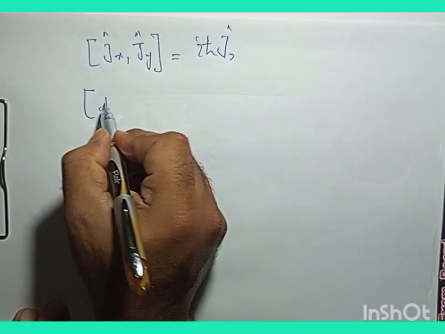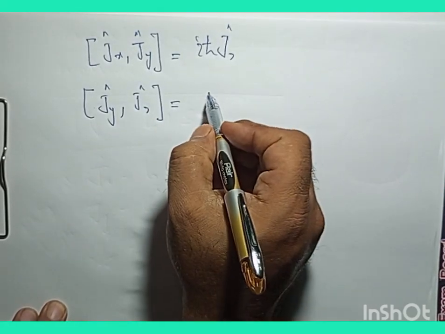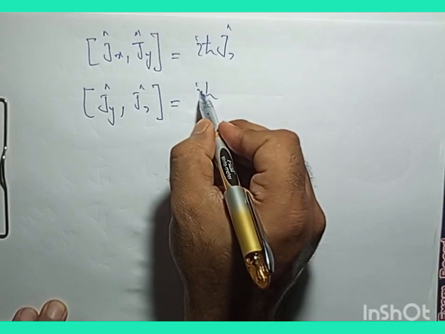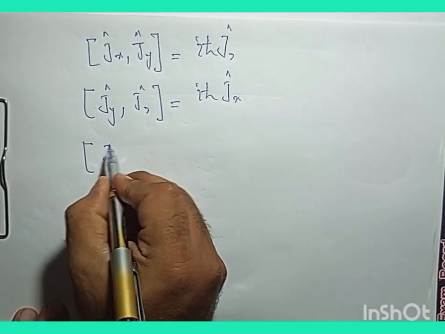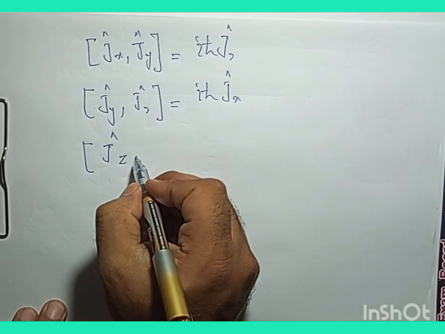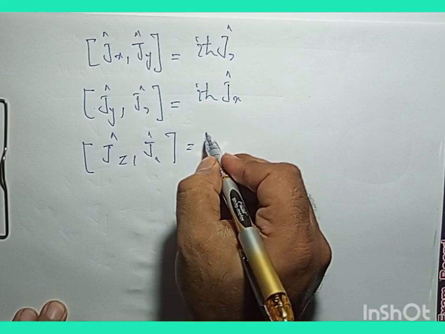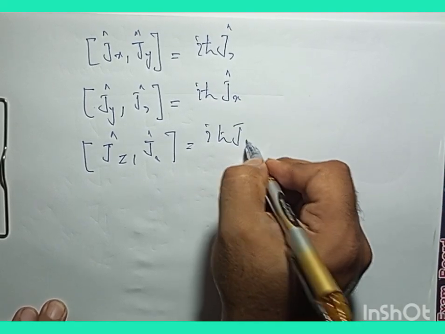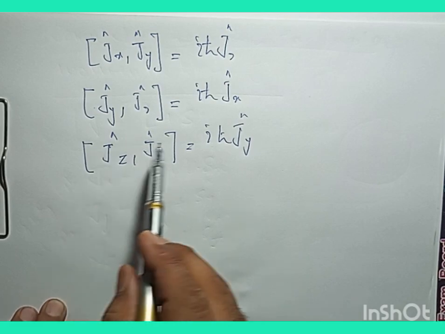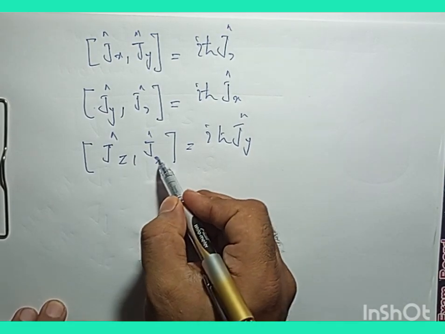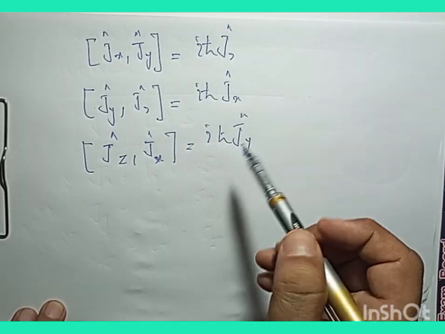Then we have Jy cap and Jz cap, which gives us iħ Jx. And finally, Jz cap and Jx cap gives us iħ Jy cap. These are the commutation relations between Jx, Jy, Jz, and Jz and Jx. Now, if we reverse this commutation relation, in every case we'll have a negative sign on the right-hand side.